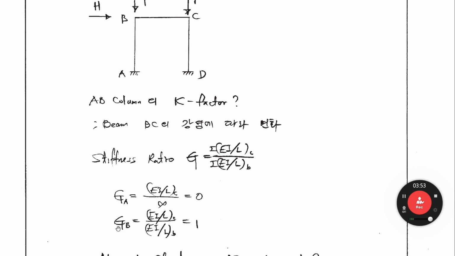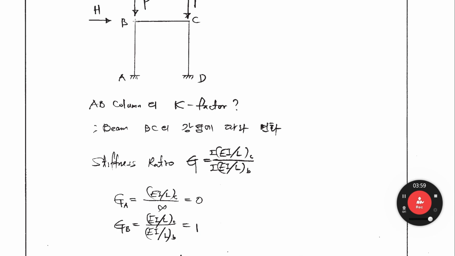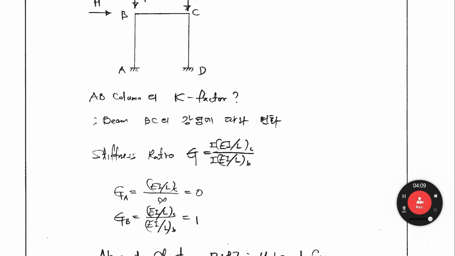How about GB? GB is column EI over L over beam EI over L. If we assume EI of the column is equal to EI of the beam, and again column length is equal to beam length, then GB must be 1.